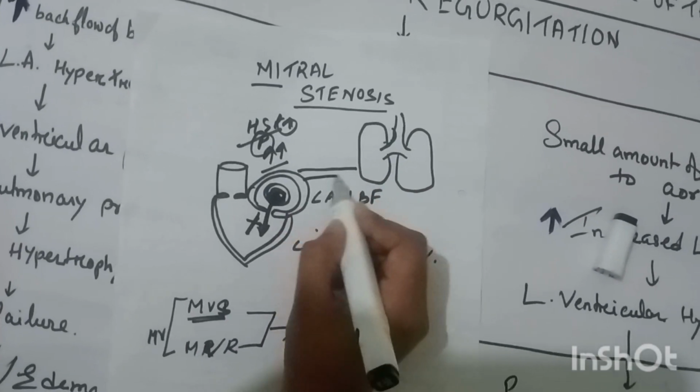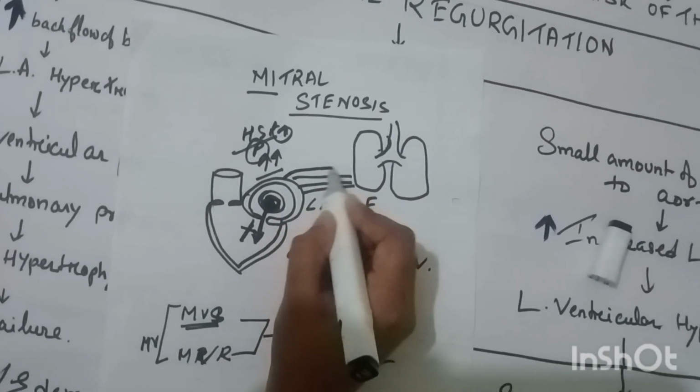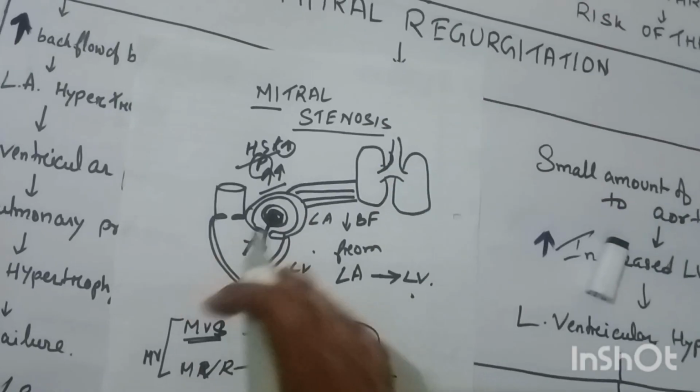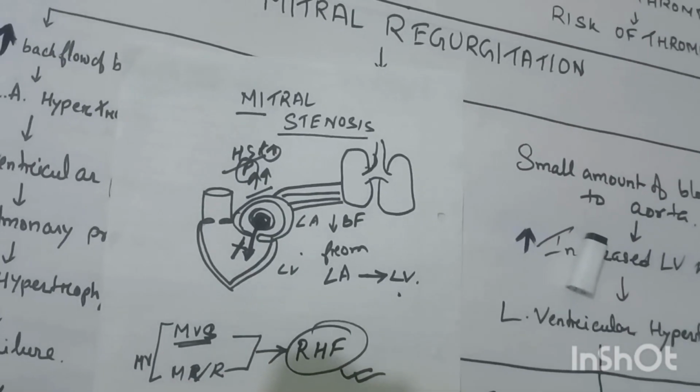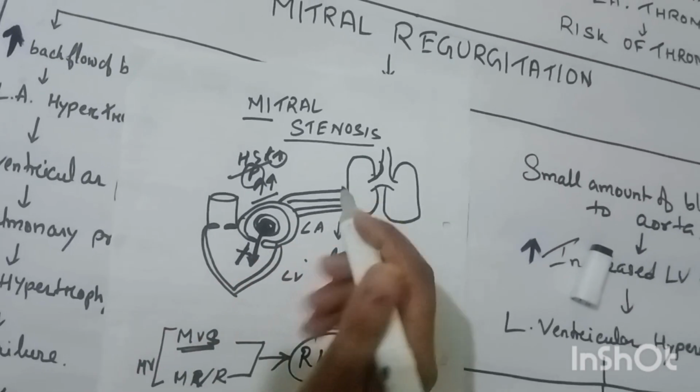And because of that, we know that the left atrium is connected to our lungs. Lungs supply oxygenated blood from pulmonary veins to the left atrium.